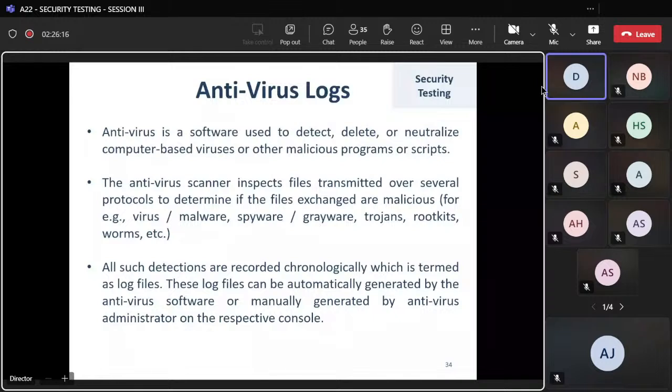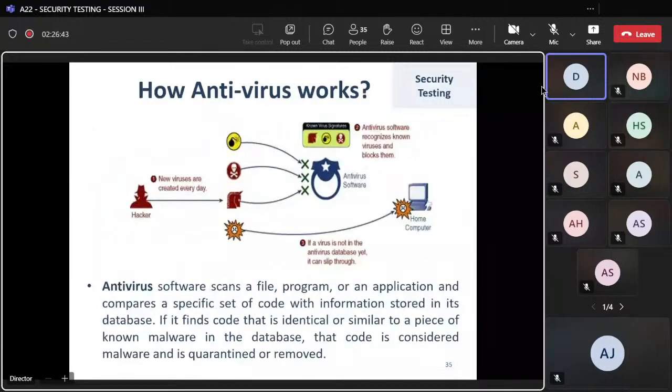Based on the identification, it will record that information as malware or virus logs, and also the status, like whether the antivirus software was able to clean or quarantine, or any further action required by the administrator to clean the particular malicious program or script. So this is how the antivirus software works.